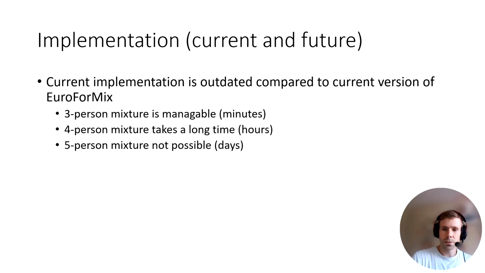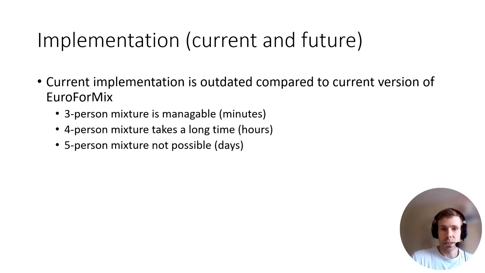So I want to make some notes on the implementation, how it's currently implemented, and what the future plans are. The current implementation is now quite outdated compared to the current version of EFM, which has improved during the last years.